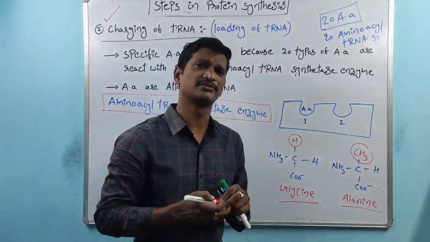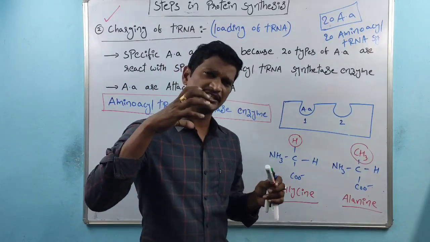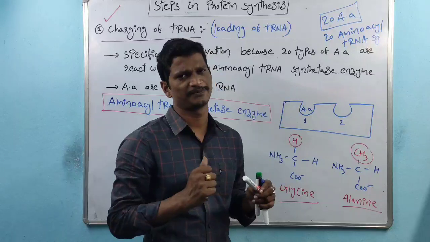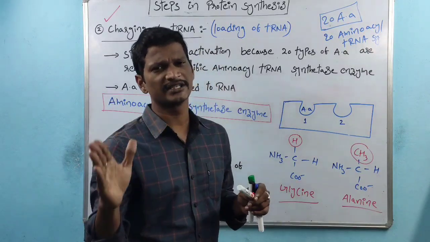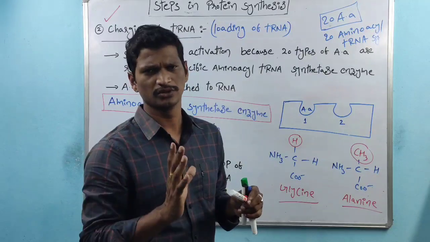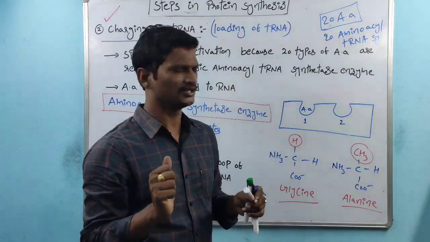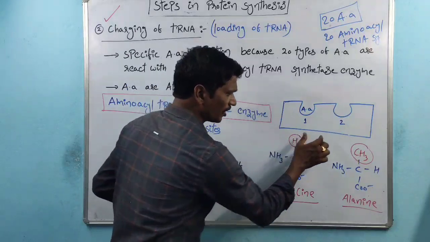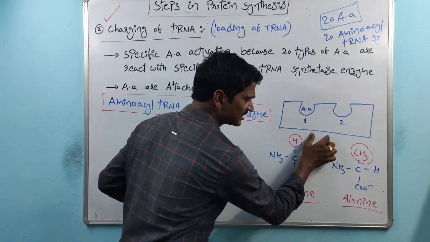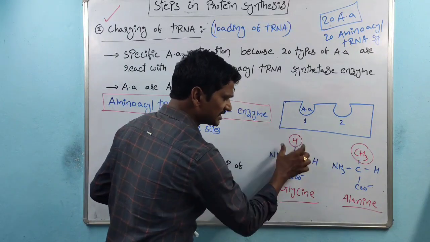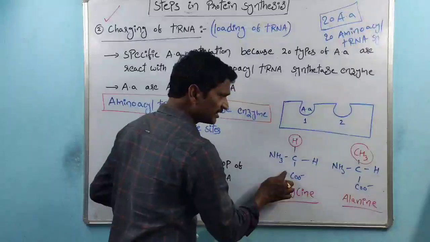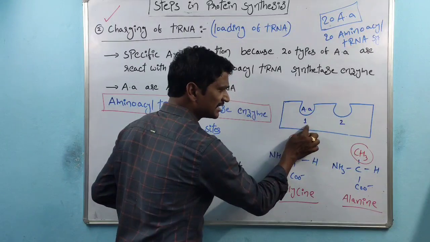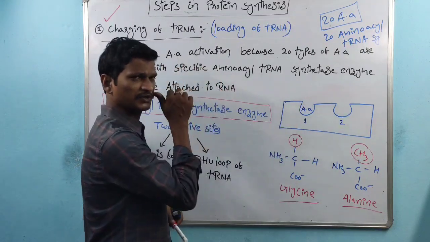That's the reason why, as we already discussed within the enzymes, a specific enzyme interacts with a specific substrate. Glucokinase enzyme only interacts with glucose because glucose has a particular structure. Here also it's the same thing. This enzyme only interacts with glycine, so the interaction between glycine and amino acid tRNA synthetase enzyme is very specific.